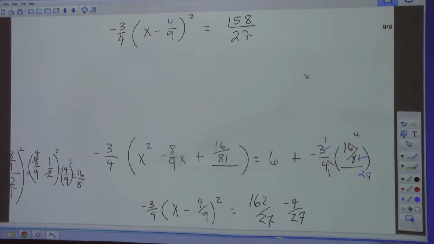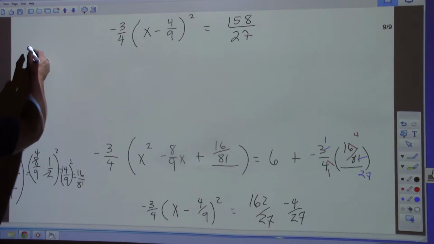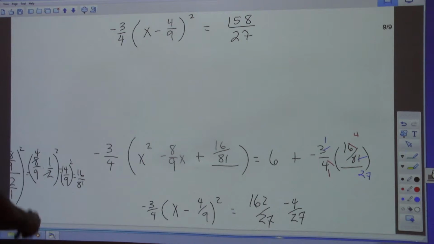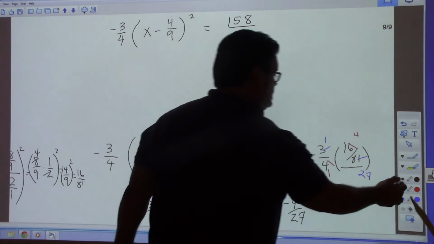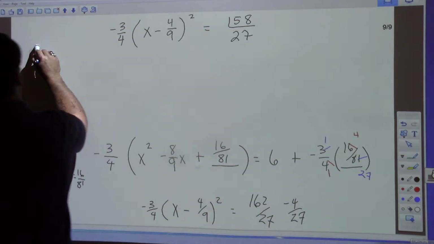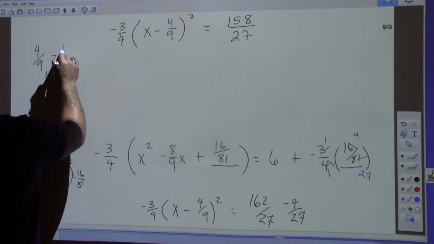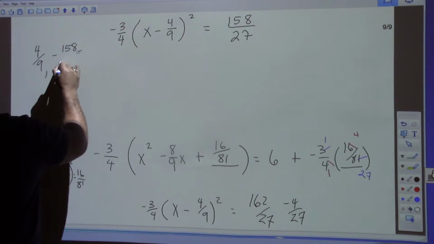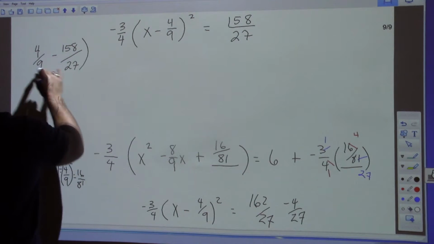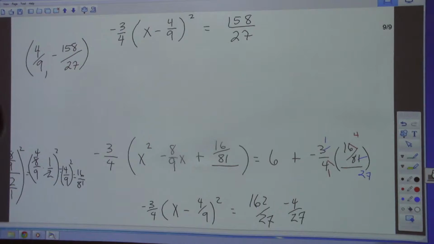So now the vertex, I'm just going to go ahead and write the vertex as 4/9 and negative 158 over 27. There's my vertex.